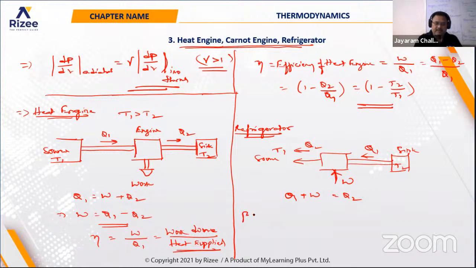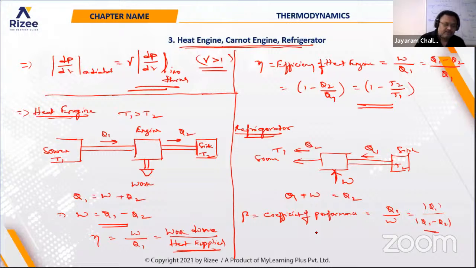In some cases it will be written as beta or some other symbol. It is equal to Q1 by W, which is equal to the modulus of Q1 by the modulus of Q1 minus Q2. So this is called your coefficient of performance for the refrigerators.